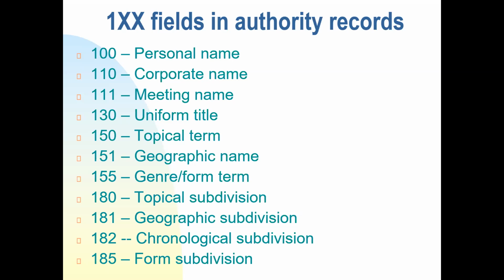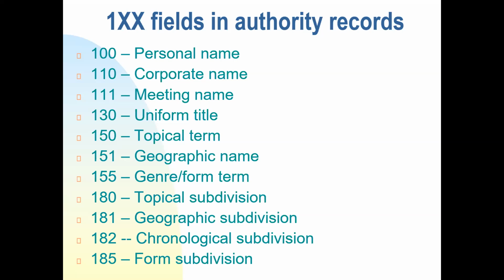So if the second two numbers are 00, then it would be a personal name. So for example, we would have Ford, Henry and his dates as a personal name heading. Or we could have a corporate name heading in a 110, and that would be something like Ford Motor Company.